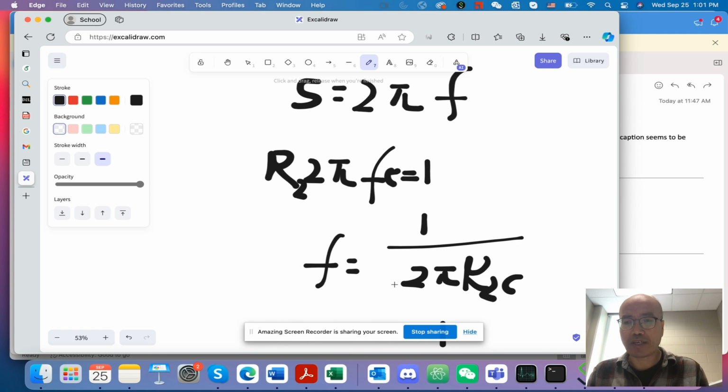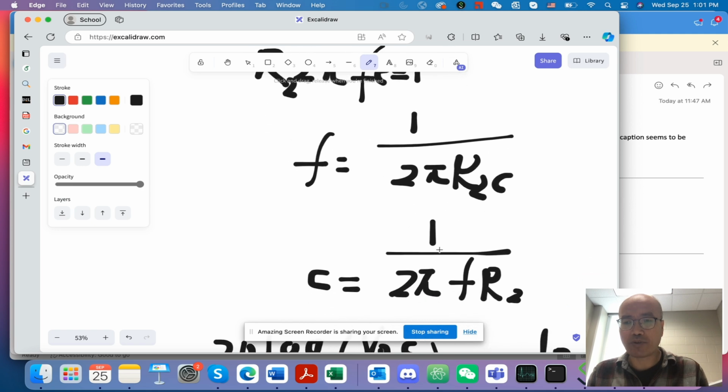And you can get F equal to 1 over 2 pi RC, and C equal to 1 over 2 pi FR, okay?